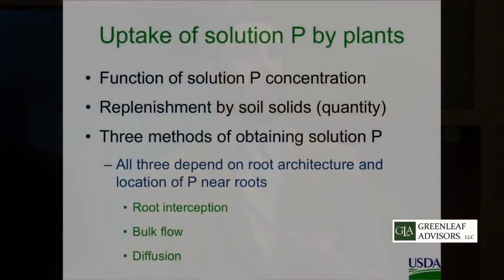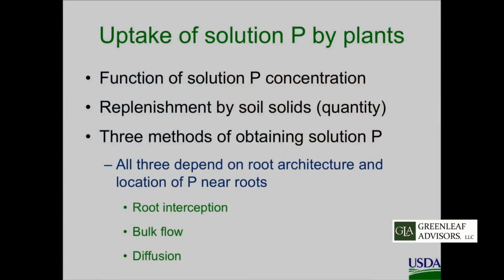And we need to keep in mind there are three methods that plants can use to take up solution phosphorus. All three of those means of uptake are dependent on root architecture and the location of phosphorus being near the roots. Because phosphorus is so immobile, it has to be near the roots for plants to take it up. That's why we band phosphorus often.